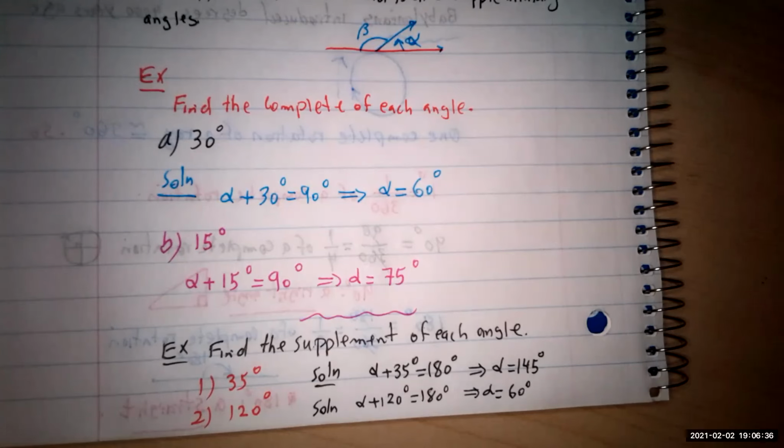For example, 60 minutes gives us one degree, and 60 seconds gives you 1 minute. Especially for the application problems that we have, these portions are very important for us.